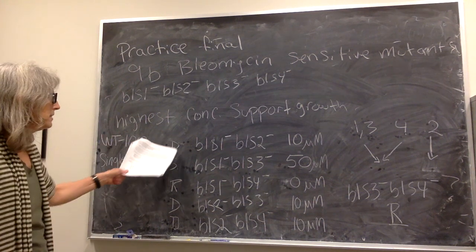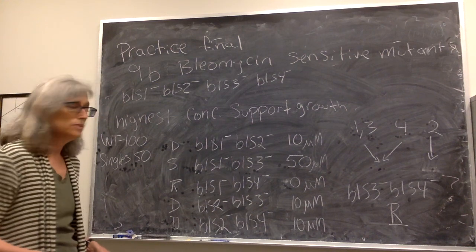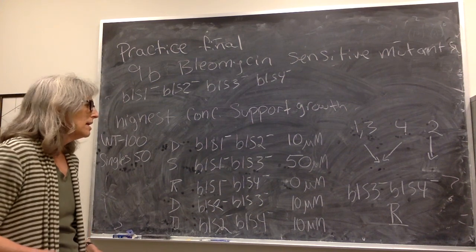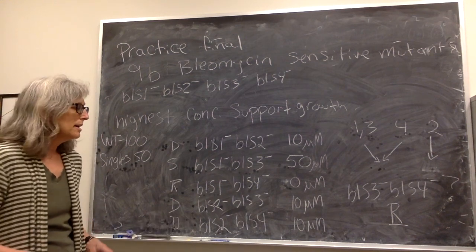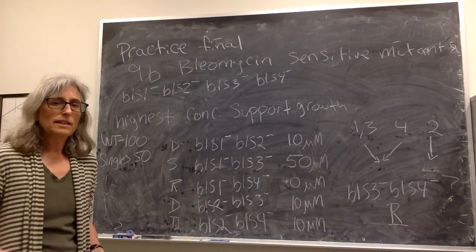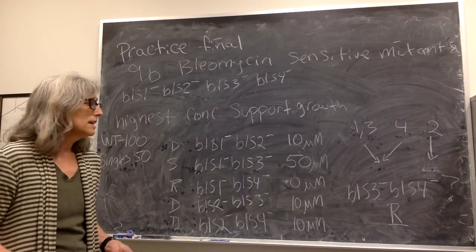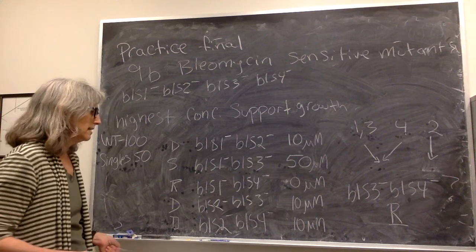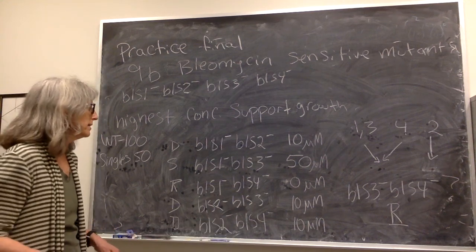Now we have this other class here, which are more moderate. They're reduced, but they're not reduced all the way down to 0. So they don't appear to be working in the same pathway, and they don't seem to be working in redundant pathways. What likely they are, they're just mutations in genes that are functionally unrelated to one another.